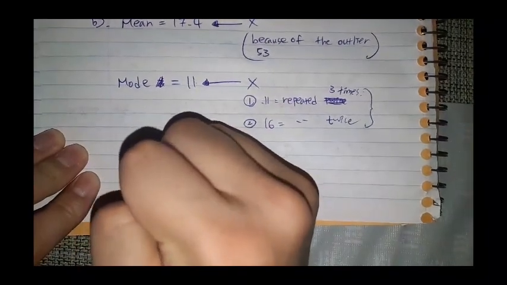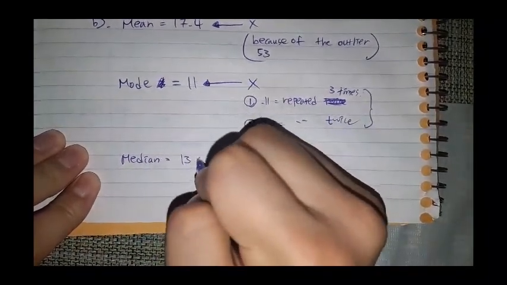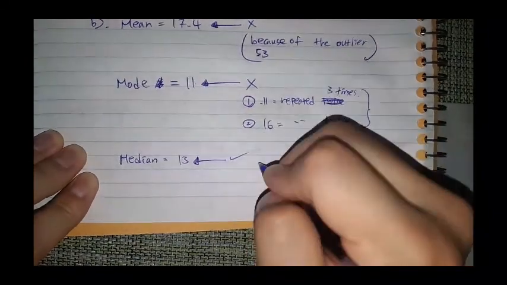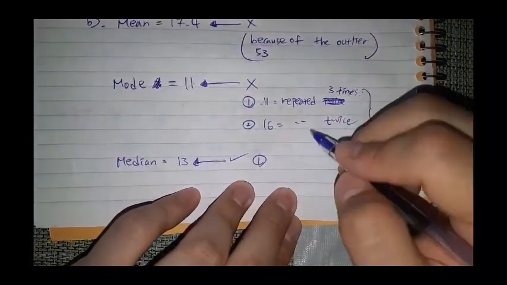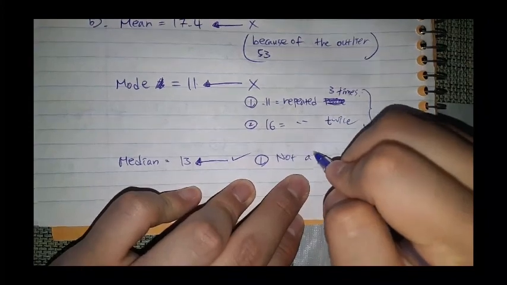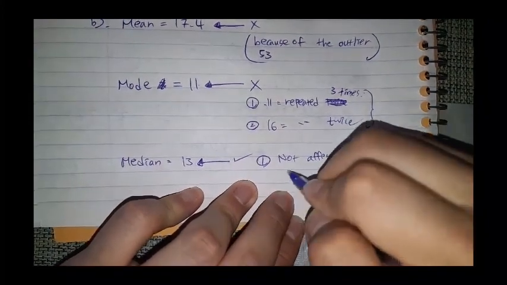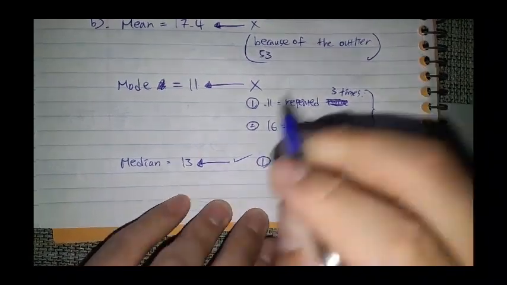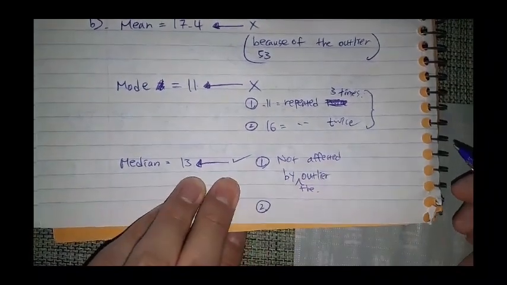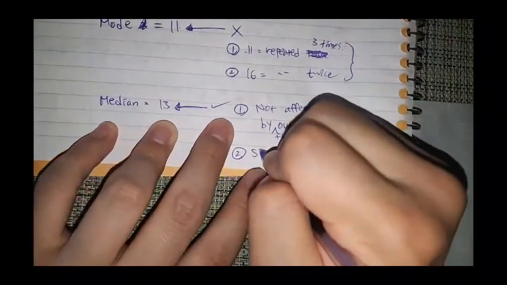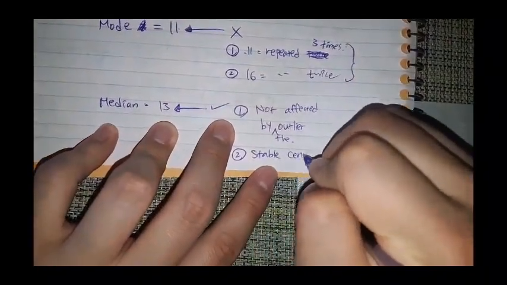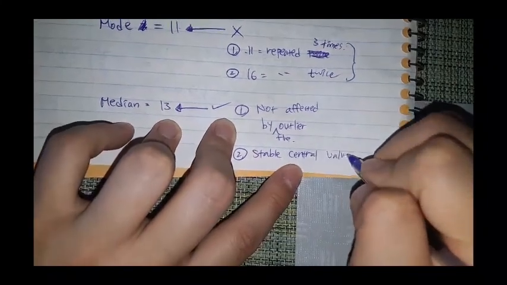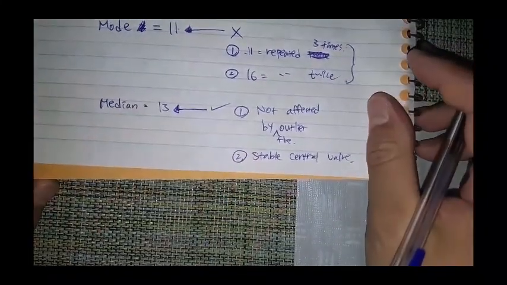Median in this situation is probably the best because, number one, it's not affected by the outlier. And number two, the central value is quite stable. Because of these reasons, median in this example probably is the best.